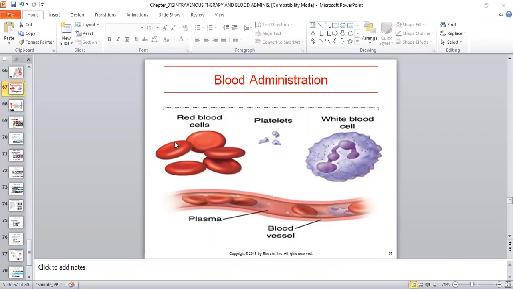The other name of red blood cell is erythrocyte. The other name of white blood cell is leukocyte, right? In some medical conditions, a patient needs only blood plasma, right? It depends upon the medical condition.